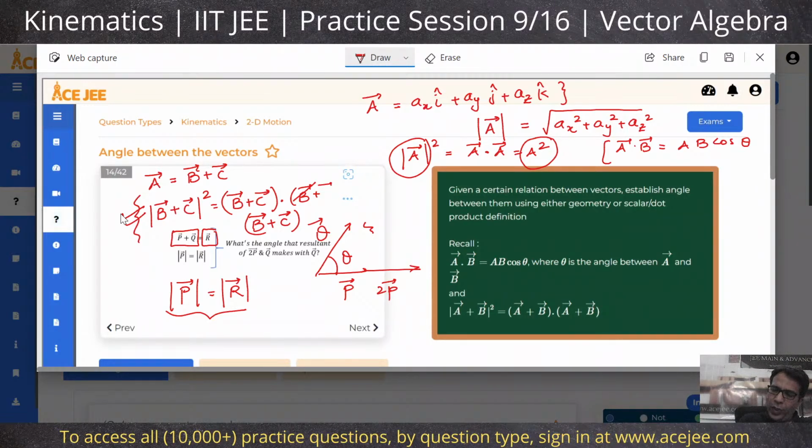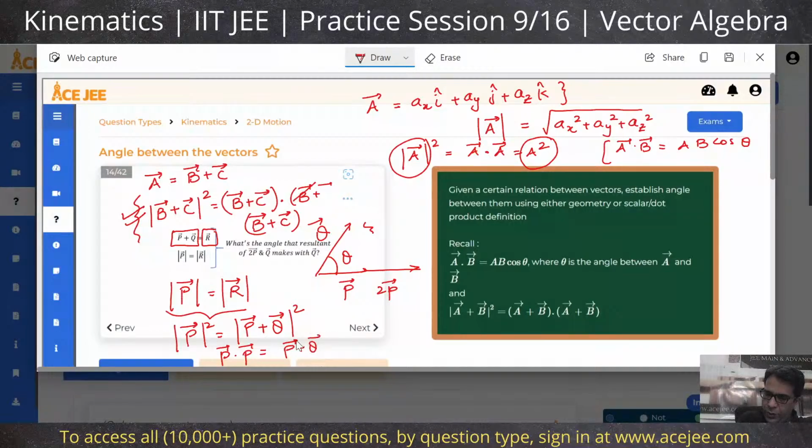So what are we given? P is equal to R, and R is nothing but P plus Q, so I can write this as P equals the magnitude of P plus Q. If I square the two sides, then I can write P vector dotted with P vector is equal to P plus Q dotted with P plus Q.